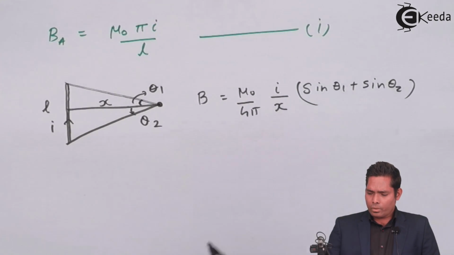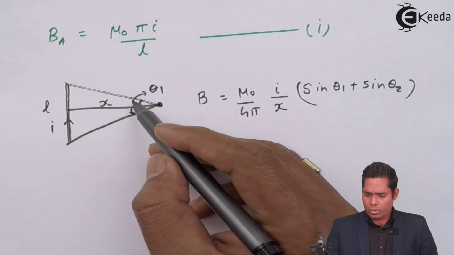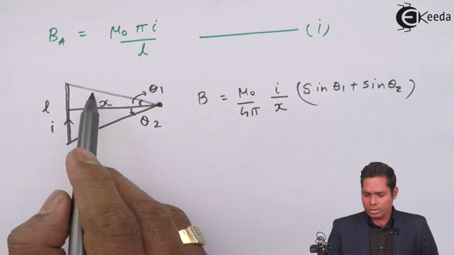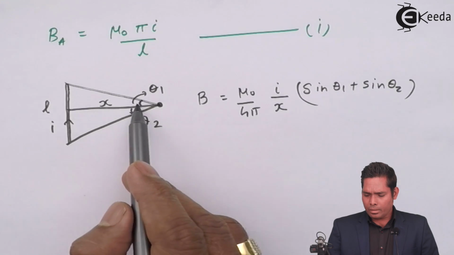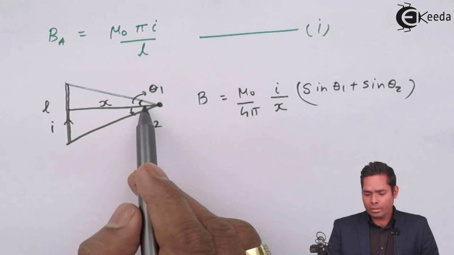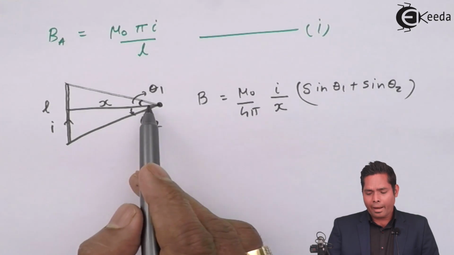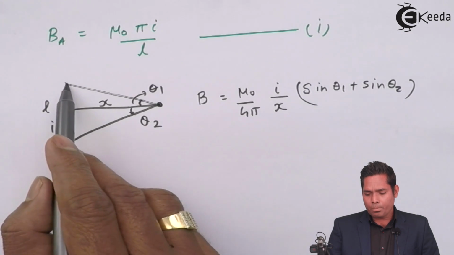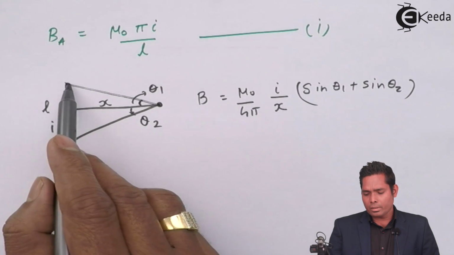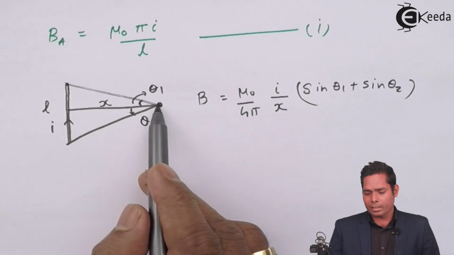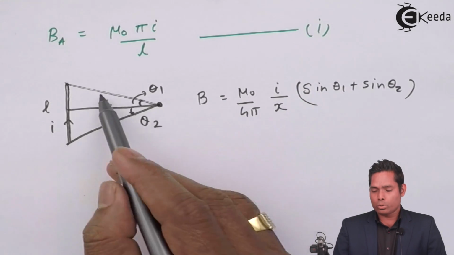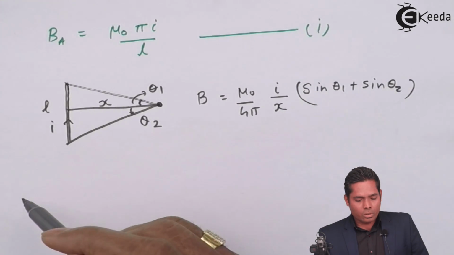Now theta 1 and theta 2, you have to find: this is the angle between the perpendicular line and the tip of the wire extending to the point. It is the angle between those two vectors.